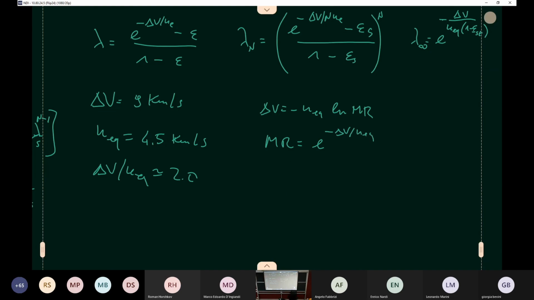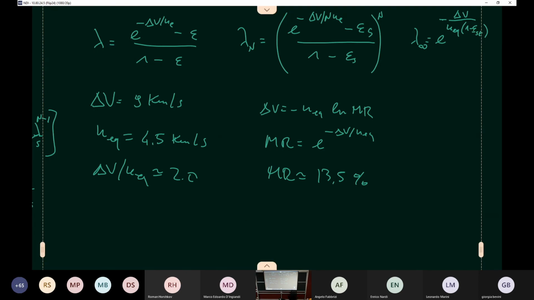This is now equal to 2, and in this case, mr is about 13%. So with this data, the final mass would be slightly more than 10% of the initial one.